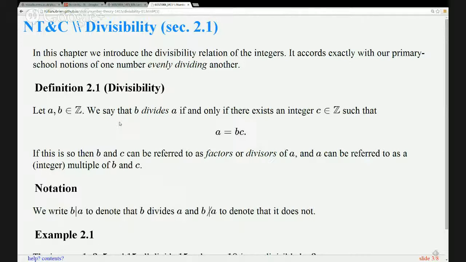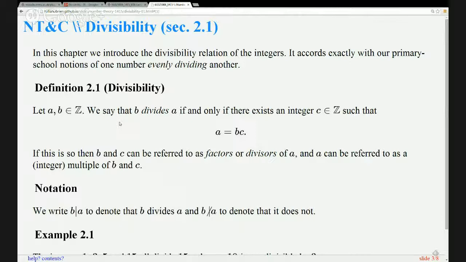It's a relationship between a pair of integers which may or may not hold. That's the way to think about it. So we think about it less as an operation, as a calculation to be carried out, and more as a relationship between a pair of integers, divisibility, one divides the other. It's an ordered relationship.